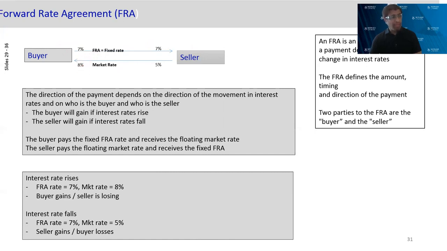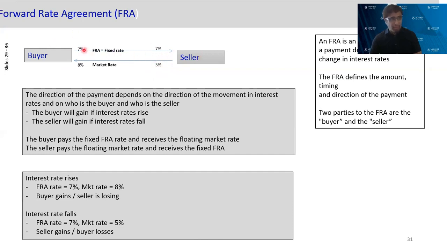Now let's look at case 2, assuming the interest rate goes down. If the rate goes down to 5%, the buyer pays 5% and receives 7%, but actually the settlement will be that the buyer has to pay the seller the difference, which is the 2%.